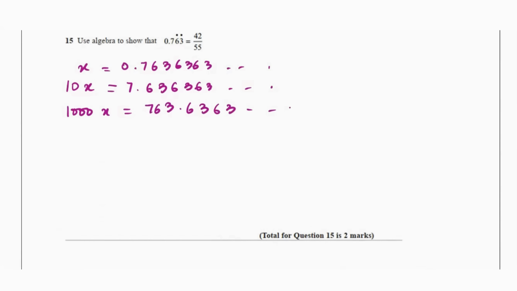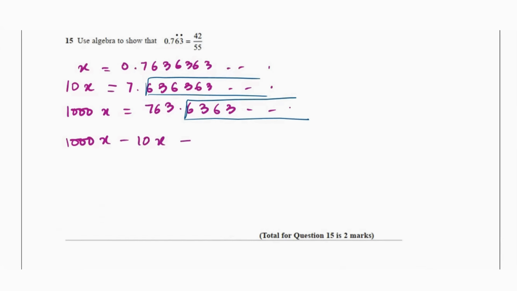With 1000x we're going to get 763.6363 and so on. Now since the numbers after the decimal are exactly the same for both 10x and 1000x, we'll subtract 10x from 1000x, which is going to give us 763.63 recurring minus 7.63 recurring.